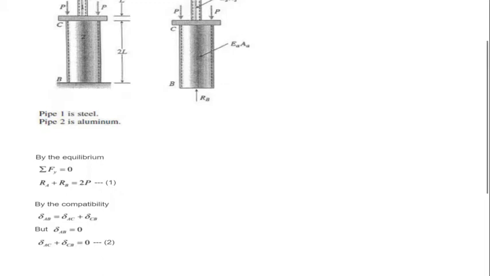Alright, and we have that the elongation in AC, so in the steel pipe, would be equal to, well, we know that the formula is load times length divided by modulus of elasticity times area, right? So in this case would be the following.